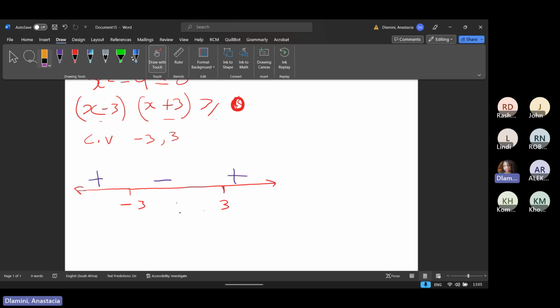So I put my x with 3 and infinity. Yes. Is that where I put it only? And 0 and -3. No? Where else? It's -3 and 3.